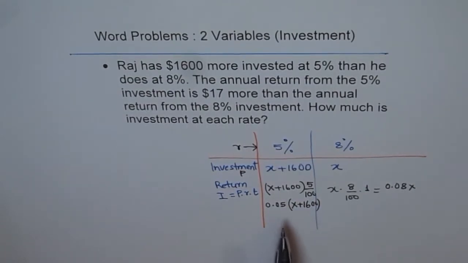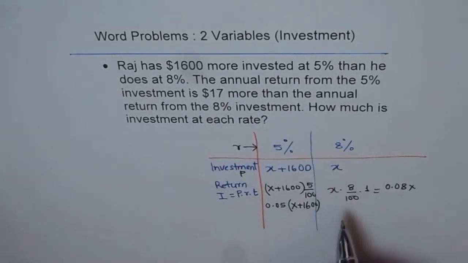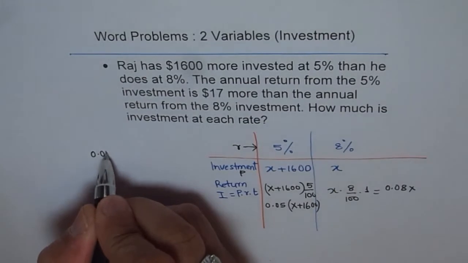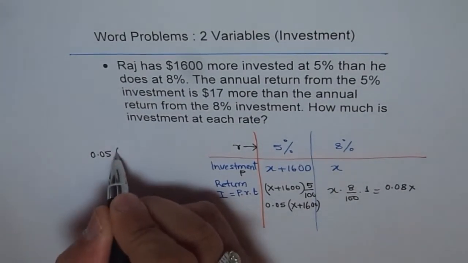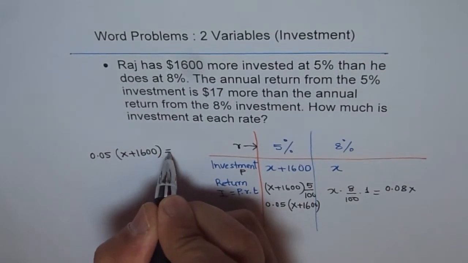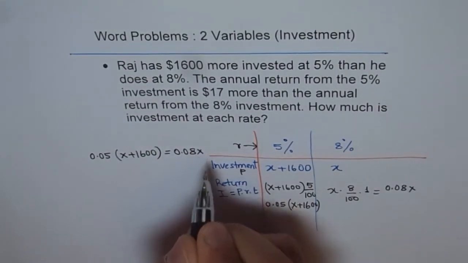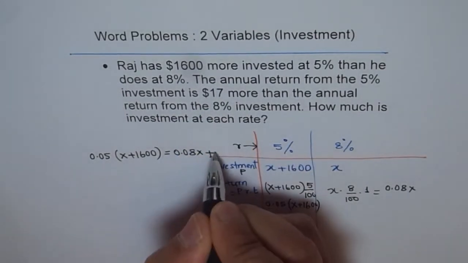Now it is given to us that this amount is 17 more than the annual return from 8%. 17 more than this. Do you see that? So that gives us the equation. Our equation is that 0.05 times X plus 1,600 is equal to 0.08x plus $17.